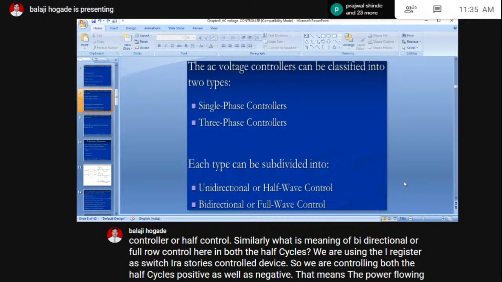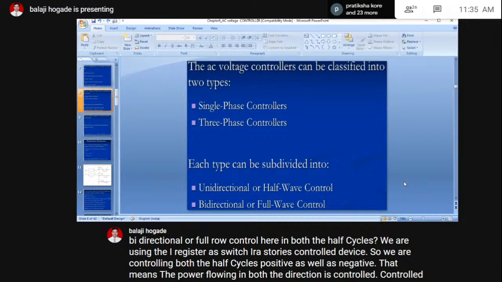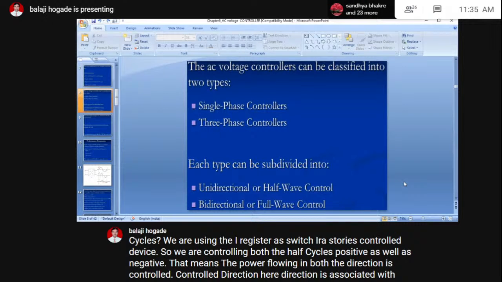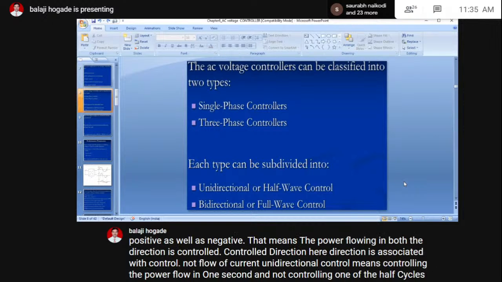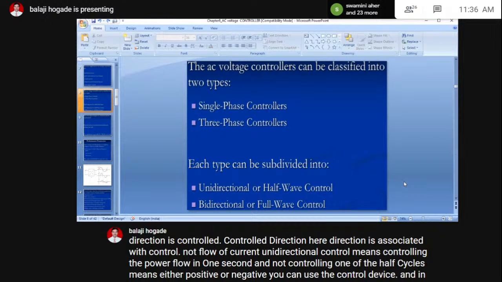Here direction is associated with control, not flow of current. Unidirectional control means controlling the power flow in one of the half cycles, either positive or negative, using the controlled device, and in bidirectional we are using both the switches as SCRs.